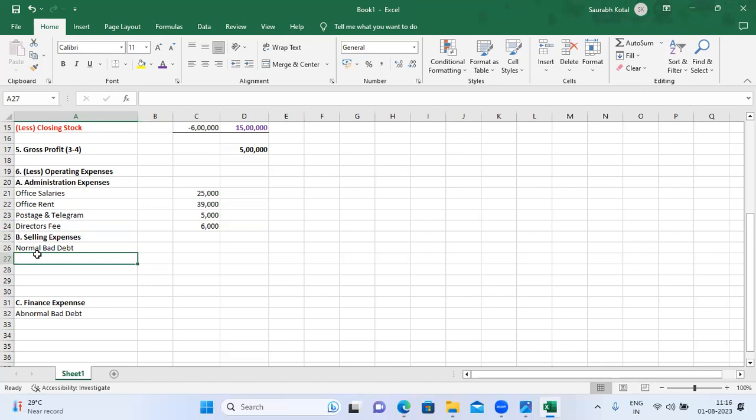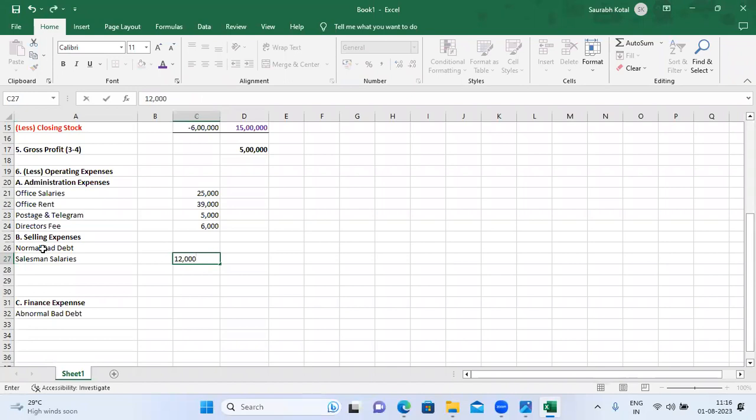Now we have salesman salary. Salesman salary will become a part of selling expense. Salesman salaries are 12,000 rupees. Then, apart from salesman salary, we have advertisement.